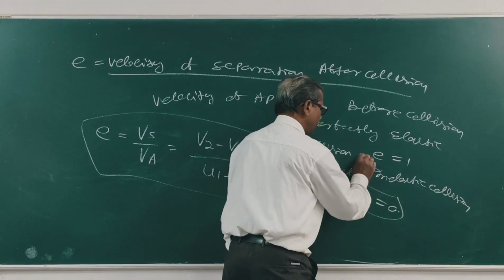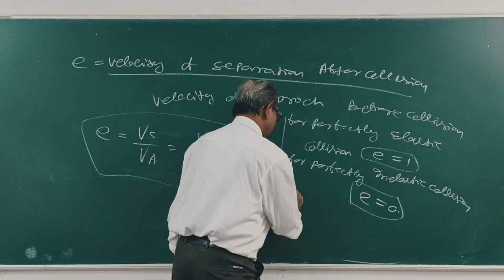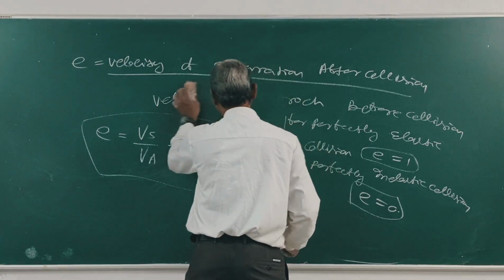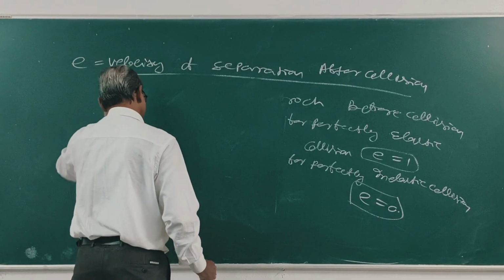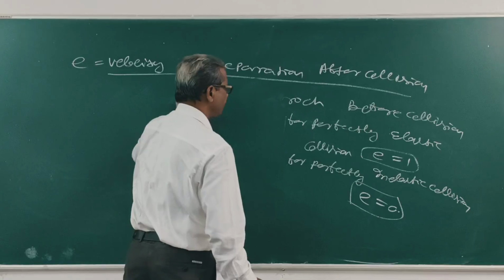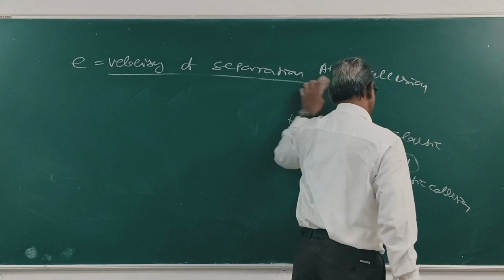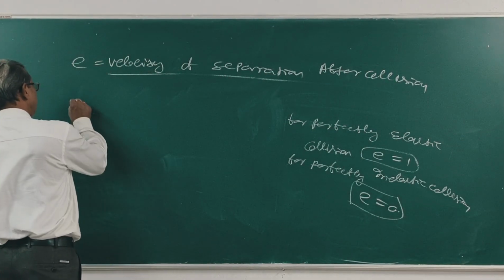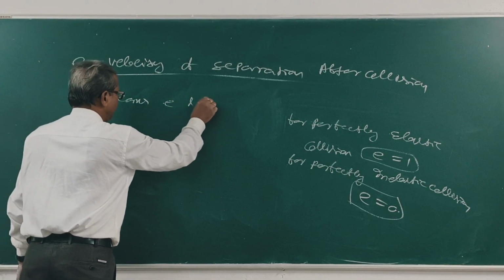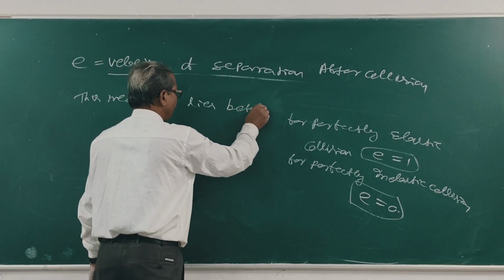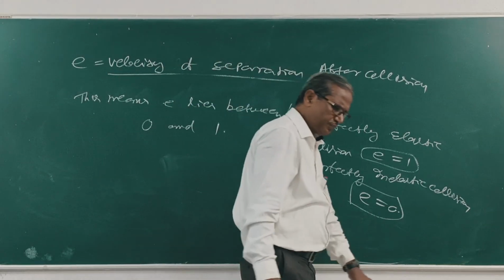That means e lies between 0 and 1. Clear?